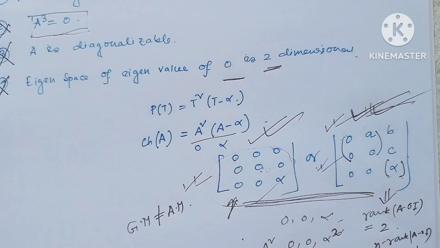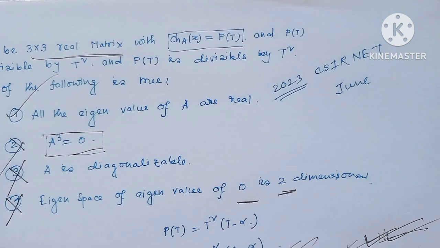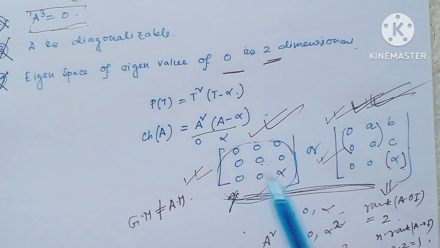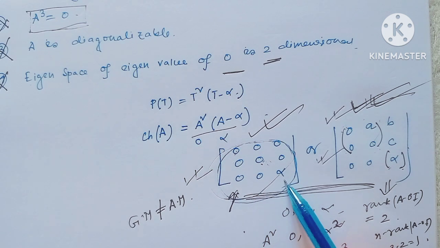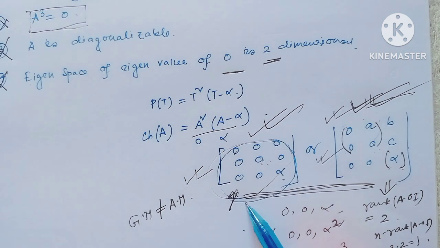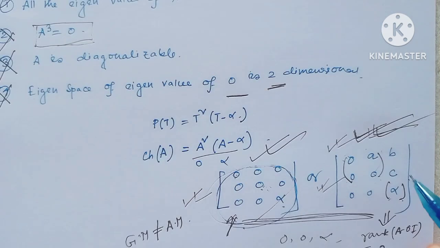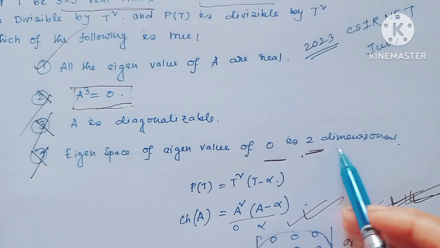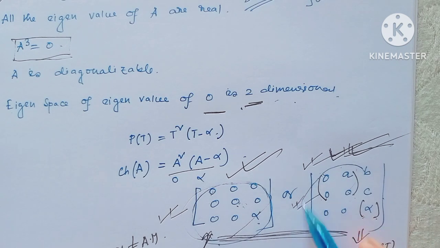This type of question is actually very important, because if a student only takes this easy matrix, because the eigenvalues are 0, 0, alpha, then all options would be wrong. And the option that the eigenspace of 0 is two dimensional, this is a wrong option, and it is violated only by this type of matrix.